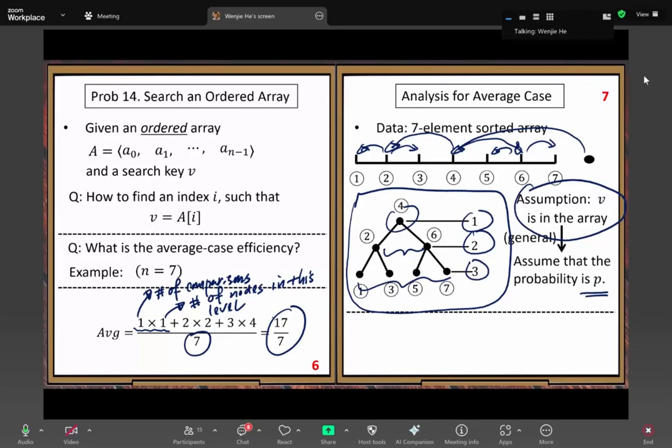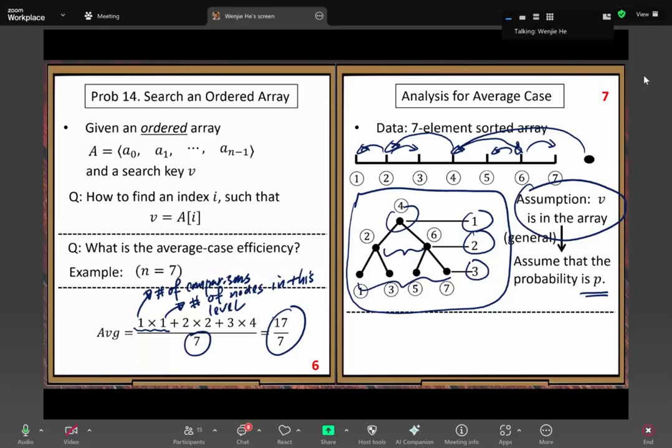When you take the average, usually you do not get an integer answer. The reason I say this is because some students, after they find the answer of the average case efficiency, convert it to an integer. They round it up or round it down to give me an integer answer.